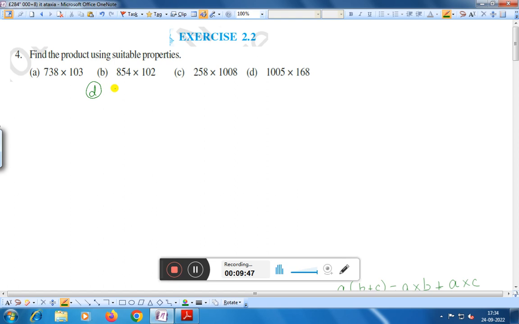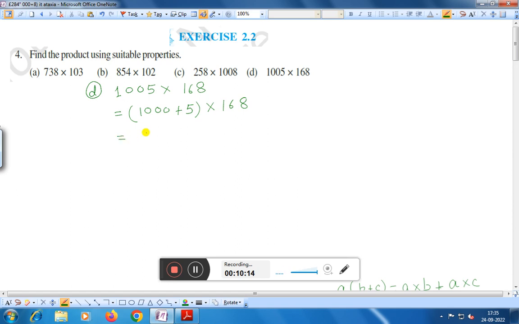Here also we are using the distributive property: 1005 into 168. Therefore 1005 can be written as 1000 plus 5, into 168.